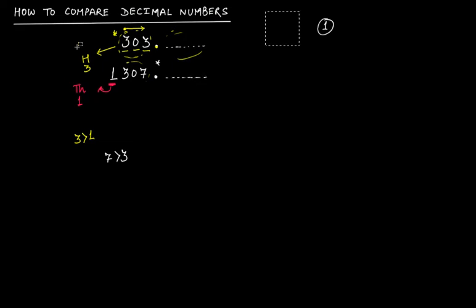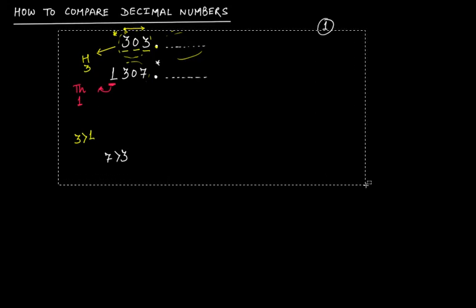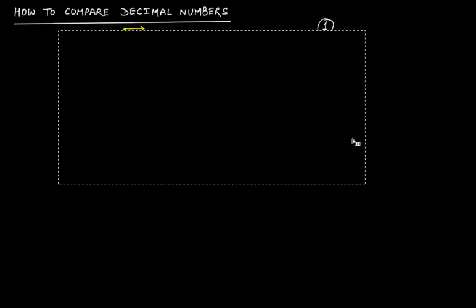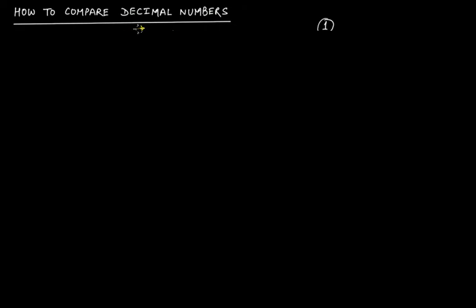But now let's take where the decimal portion will actually decide which one is the greater number. If you have a number like 30.7 and 30.9, okay, let's take this condition.